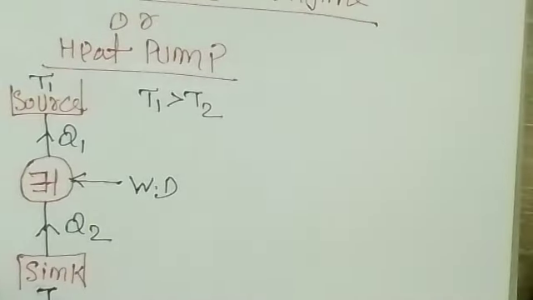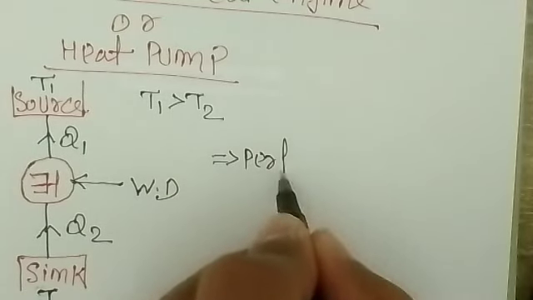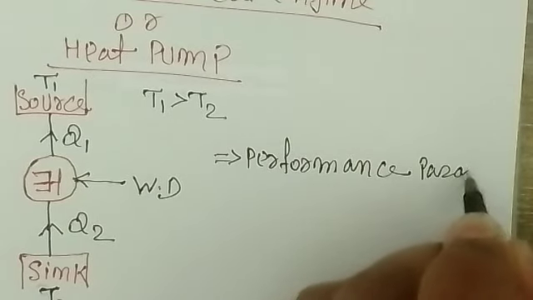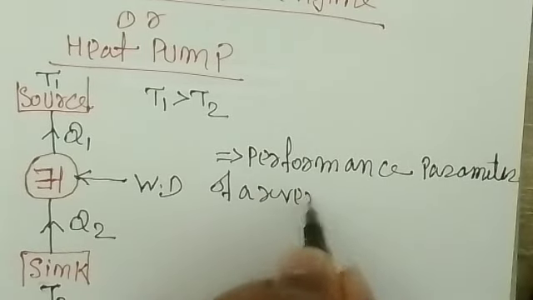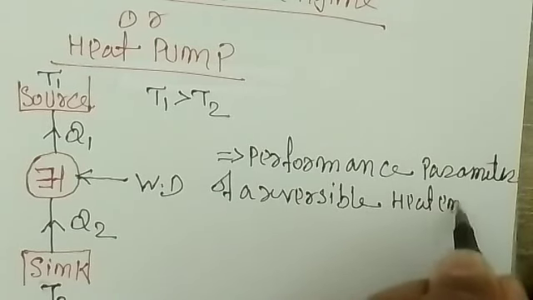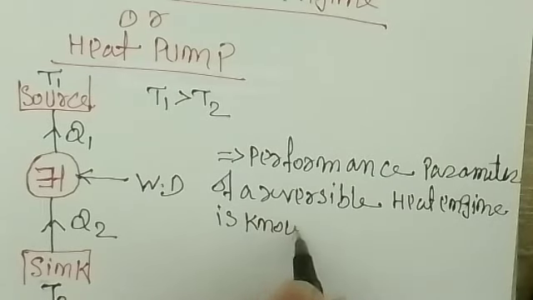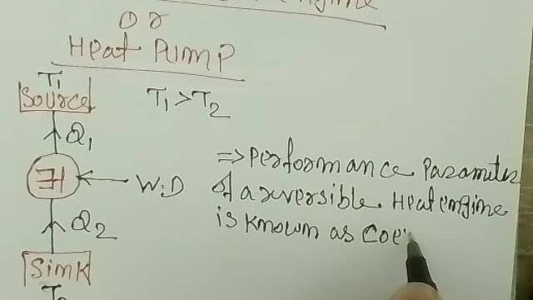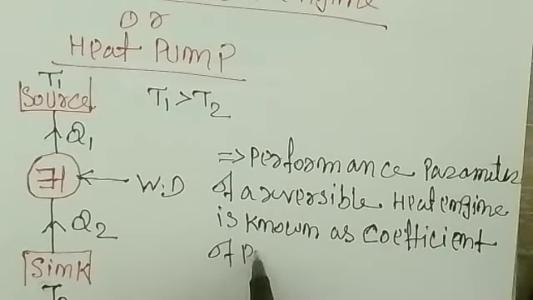So now you need to find out, here you have to make a point that the performance parameter of a reversible heat engine is known as the coefficient of performance, right?